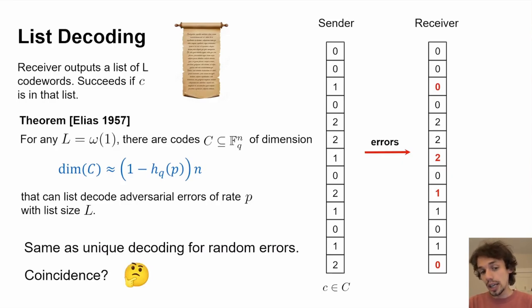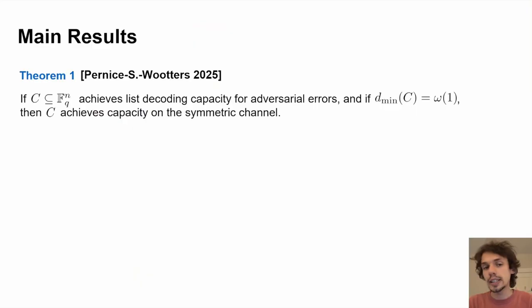One natural question to ask then is, is this a coincidence, or is there a formal relationship between these two frameworks? That's what we show in our main result. We show that it's not a coincidence. There's a relationship at least in one direction.